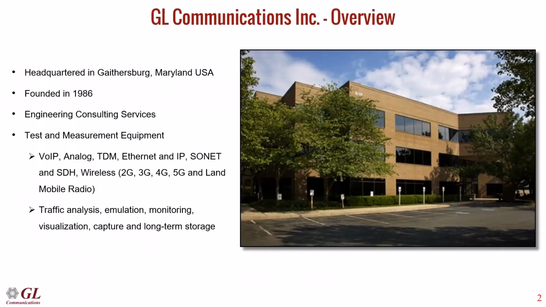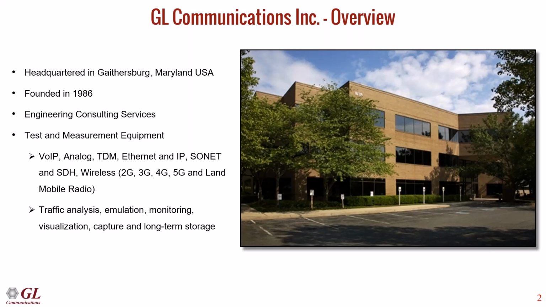I think you are all familiar with GL Communications, but just in case you're not, we are located right outside of Washington, D.C. We've been around for over 35 years now, and we are a manufacturer of test and measurement equipment for the telecom industry.